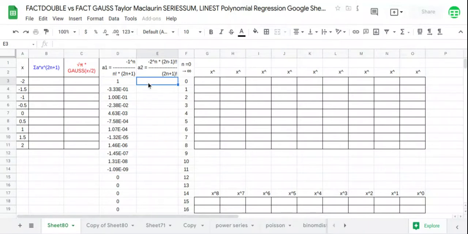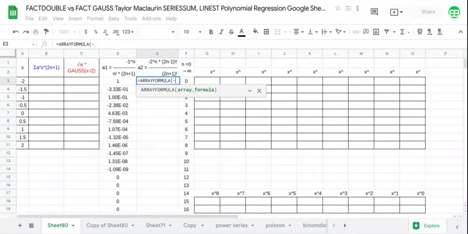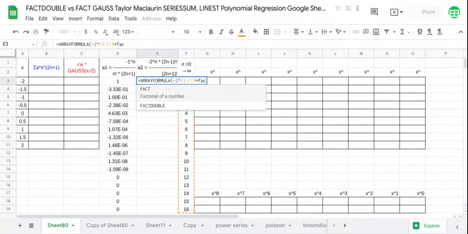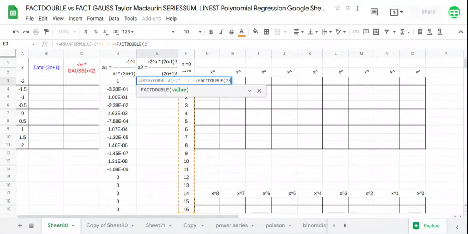We continue with the double factorial coefficient, which is our formula minus 2 raised to the power n. That's the first part. The second part is double factorial. Double factorial of 2 times n, that's 2n minus 1, so minus 1.